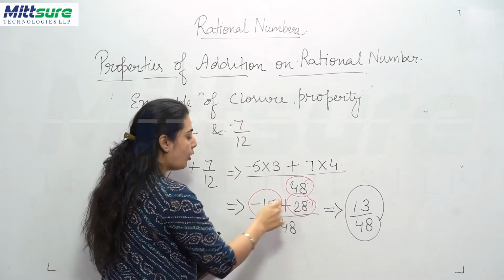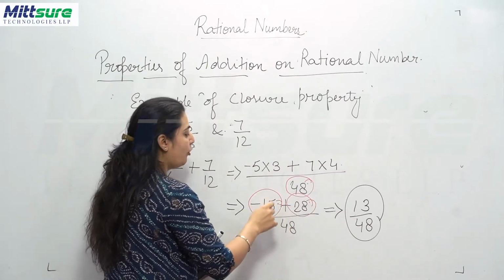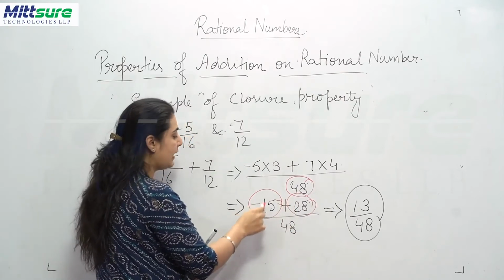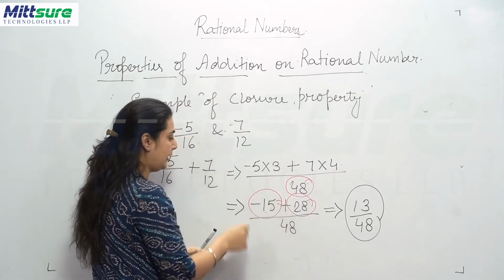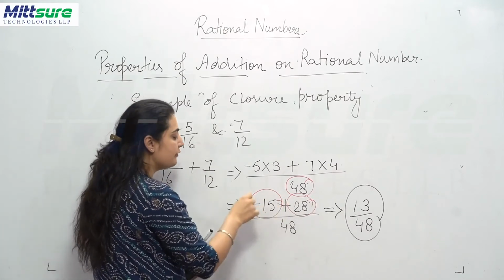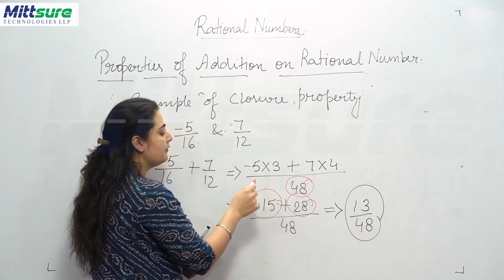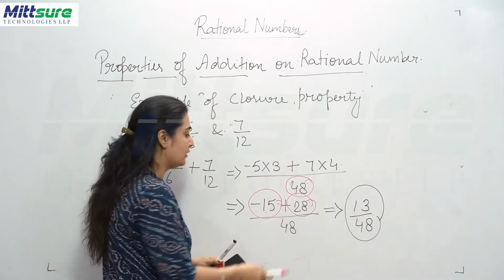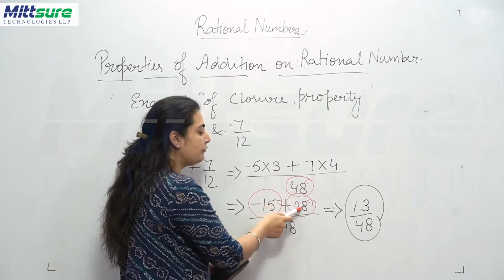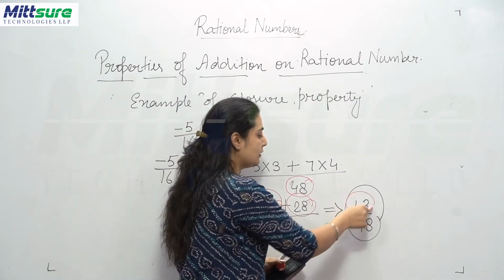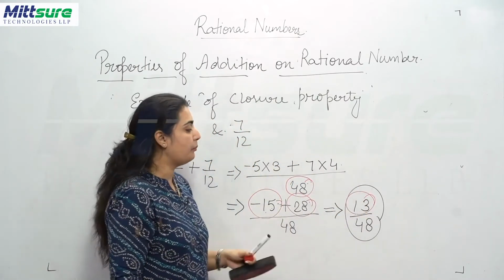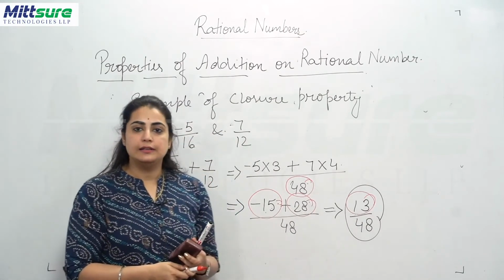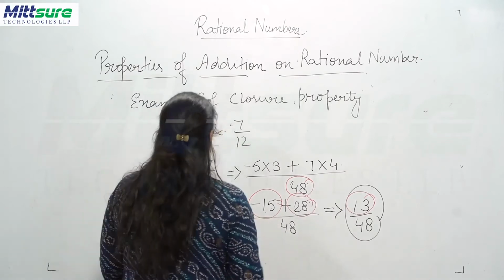When I performed the addition on these two numbers, one has a negative sign and the other has a positive sign. When the signs of the integers are different, we have learnt that we are supposed to do the subtraction. So on subtracting 15 from 28, my result was 13. So 13 upon 48 is the sum of the two given rational numbers. Now let's come to the next property.